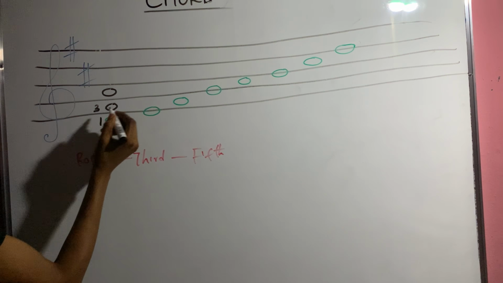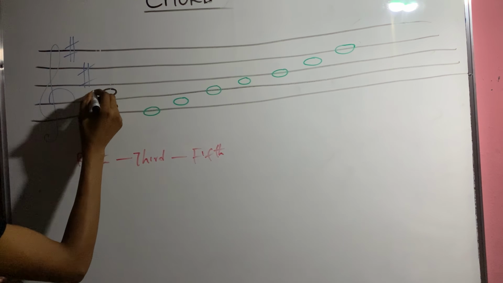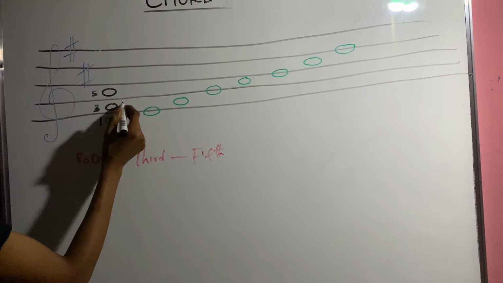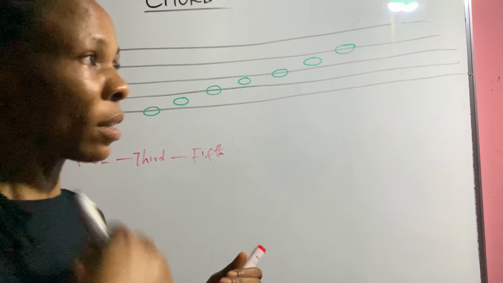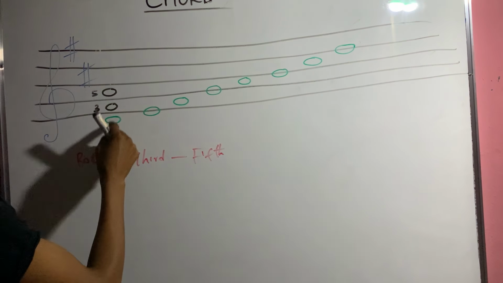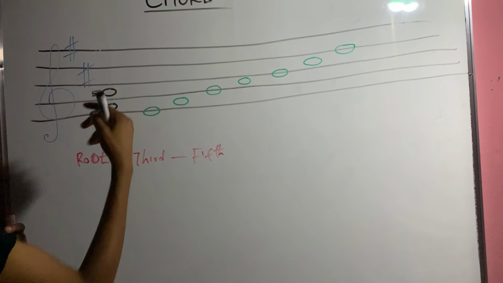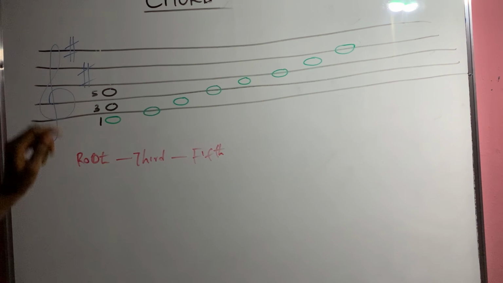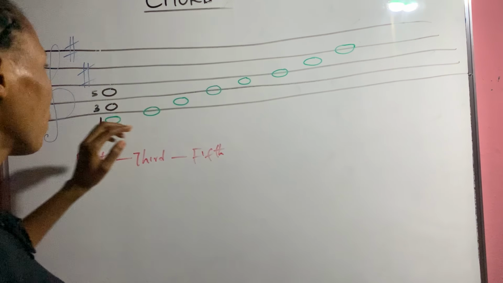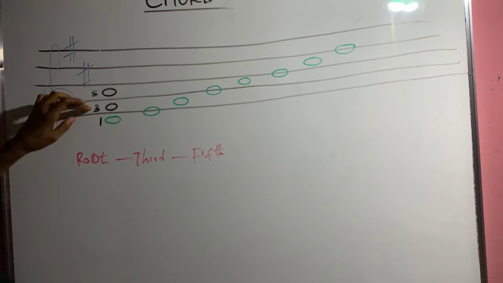From here to here is a 5th. 1, 2, 3, 4, 5. Or you can say thirds. So from here to here is a 3rd, and from here to here is still a 3rd. Take it this way, so that when we go to inversion you won't be confused. So a triad is made up of the root, 3rd, and the 5th.